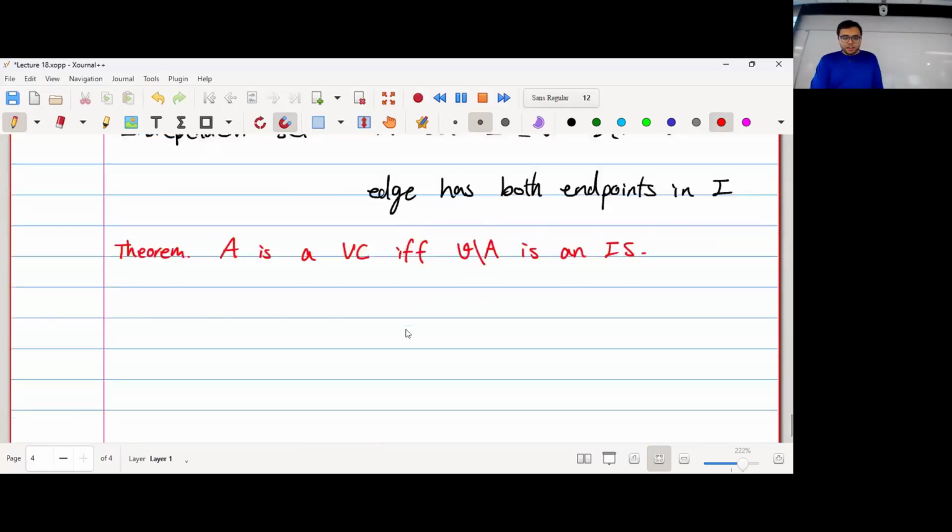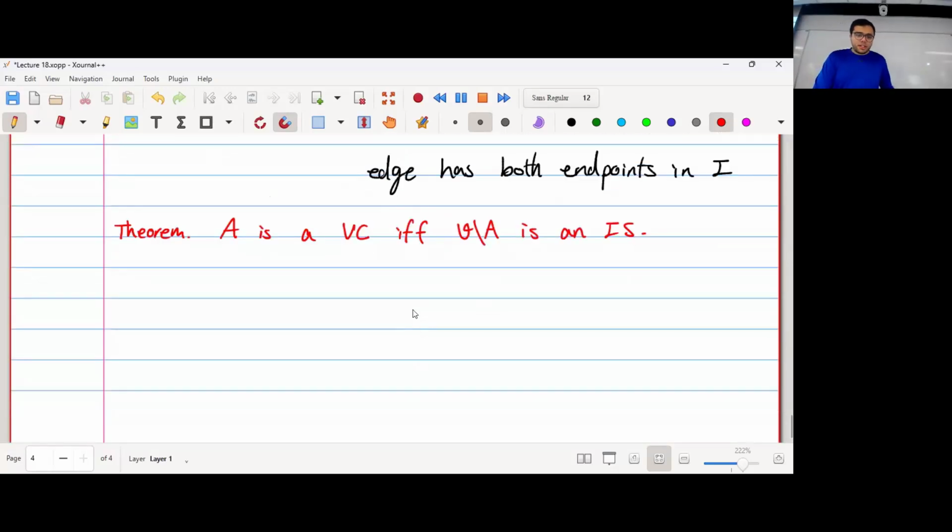Why? Just follow the definitions. So what does it mean for A to be a vertex cover? It means that I have this set A, a set of vertices, and every edge has at least one of its endpoints in A.